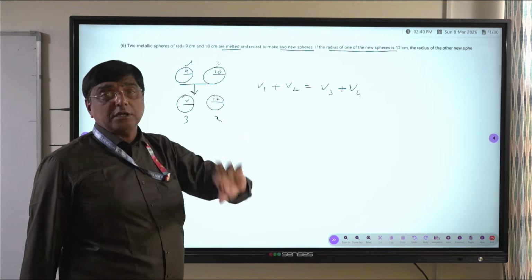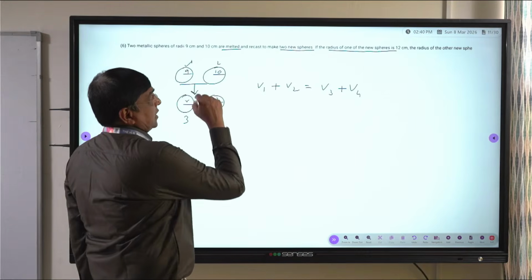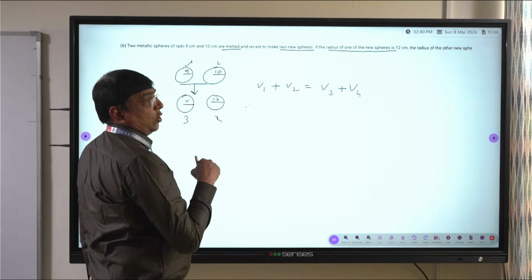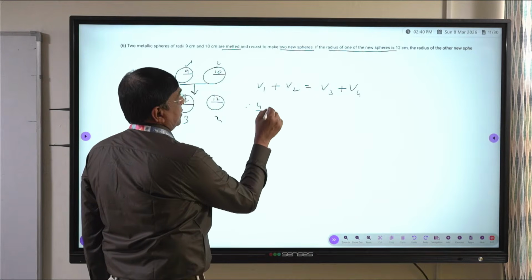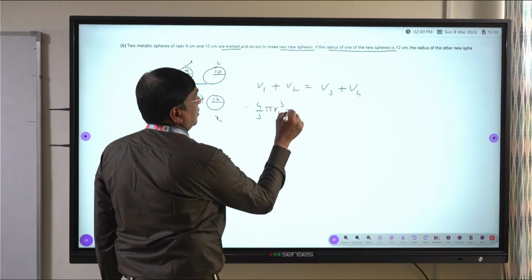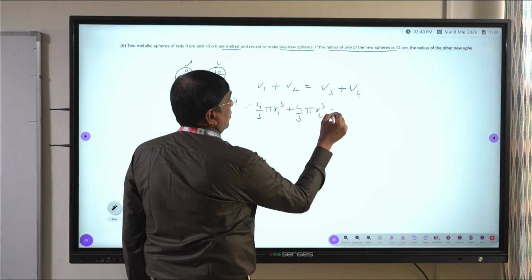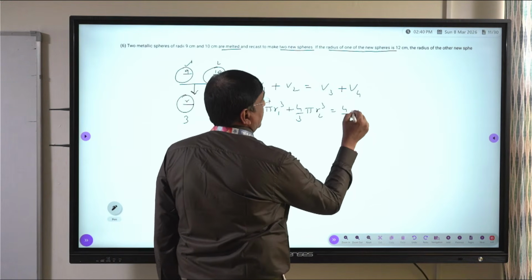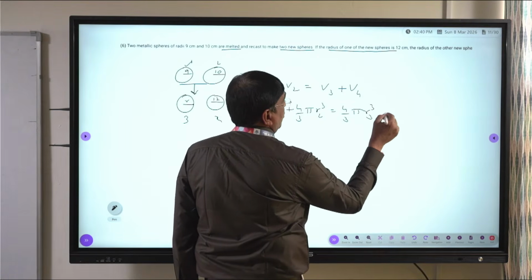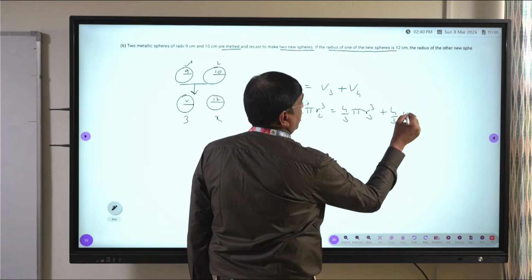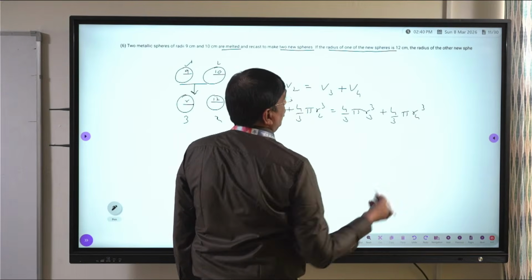So volume remains the same. All are spheres. So 4 by 3 pi r1 cube, 4 by 3 pi r2 cube, 4 by 3 pi r3 cube, 4 by 3 pi r4 cube.